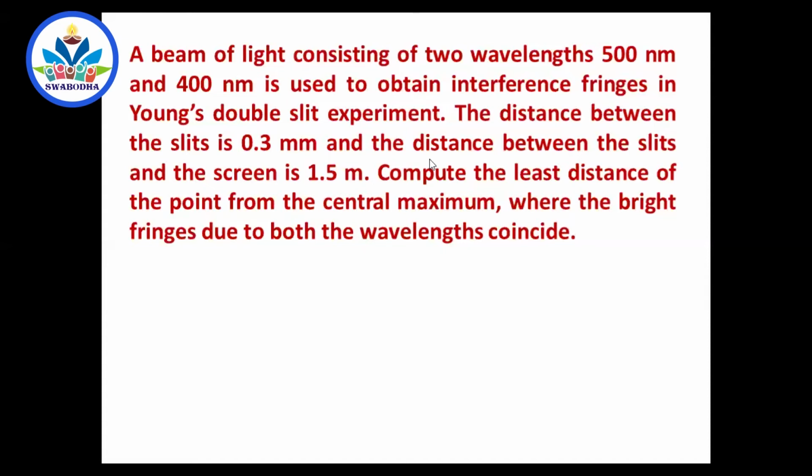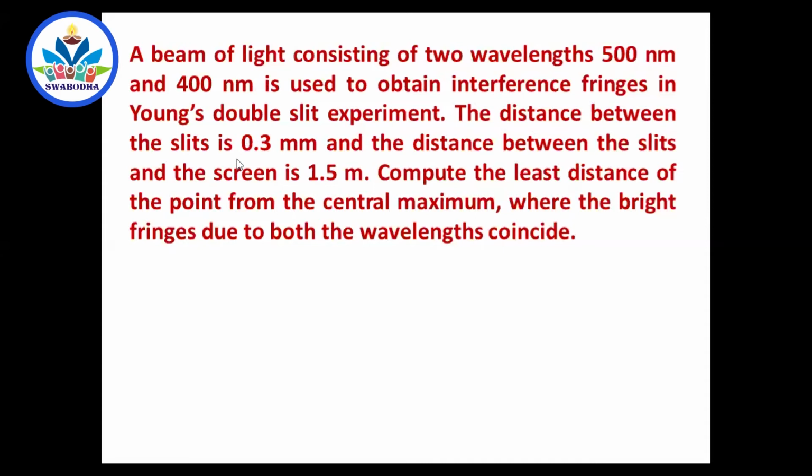Then the light coming out of the two slits will be from the same parent source. They are coherent sources. Otherwise, we can't conclude where you get a bright fringe and where a dark fringe, if both waves do not have the same wavelength and the same amplitude. So they should be identical. But here they are using two sources, switching on one by one, to obtain interference in Young's double slit experiment.